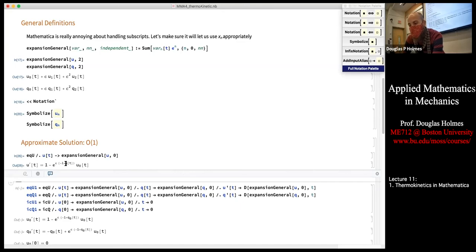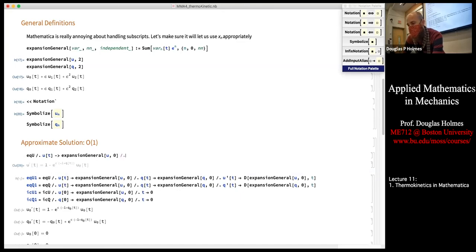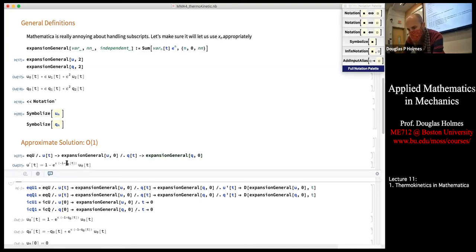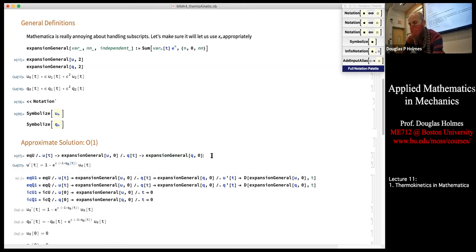We also have to replace q of t, so we can do that again. Oops. And this time I'm going to do q of t. My variable is now q. And you can see that it replaced this thing with q naught of t. After last class, I went into the Mathematica forums to figure out why it doesn't replace derivatives automatically, and just ended up with a bunch of people yelling at each other. And so I still don't know the answer.